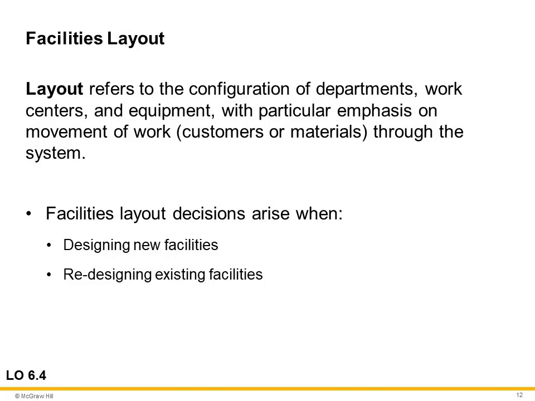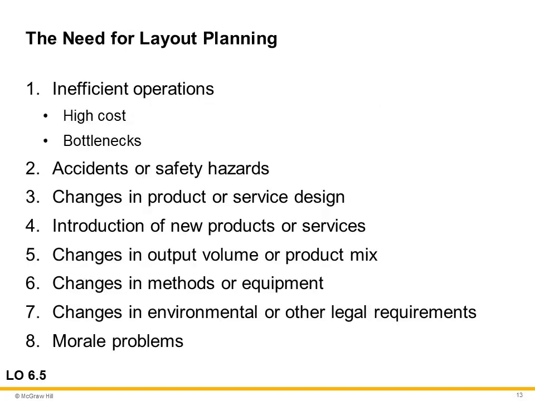So when we have to change layout or make a decision about layout, when you have new facilities or when you want to do some improvement, you have to redesign the layout. You need to improve your layout when your operations are inefficient.